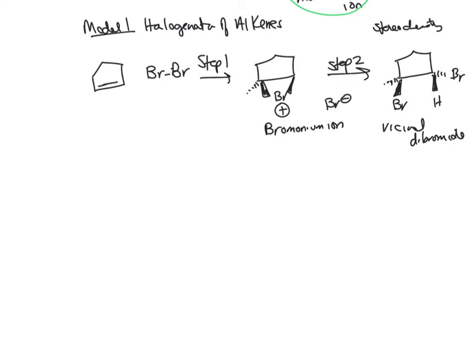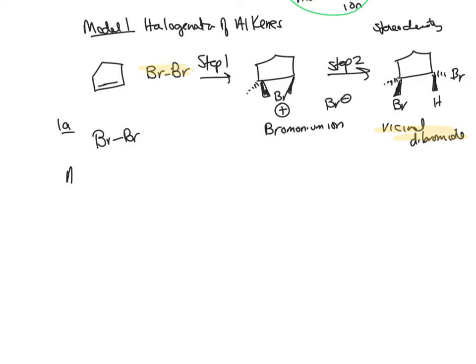Okay, so Model 1, we have question 1A. In the halogenation reaction shown in Model 1, what reagent is added to the alkene? The bromine, right? What is the functional group of the product that is formed? It's vicinal dibromide. What does vicinal mean?